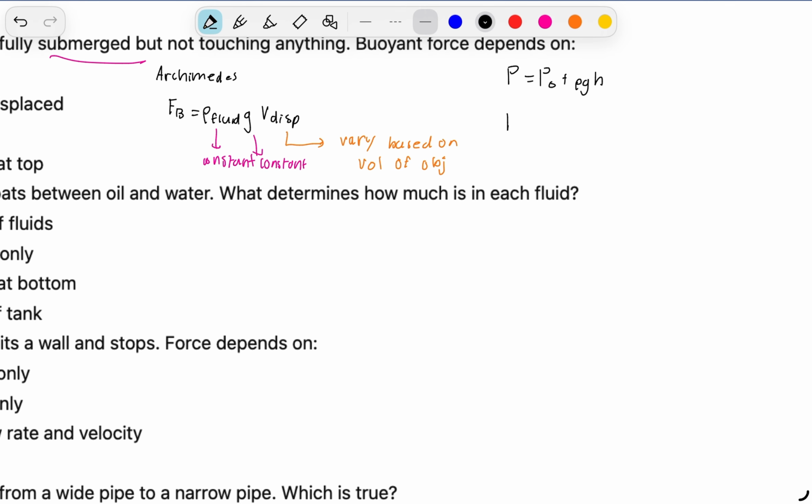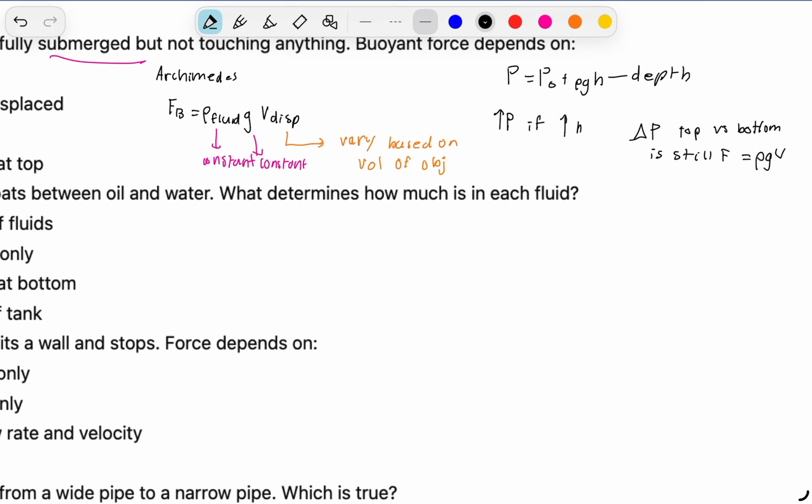So pressure is going to increase if you increase your depth, H. And we know that the pressure difference, your delta P, when you're looking at top versus bottom, is still going to be our buoyant force, which is equal to rho G volume.